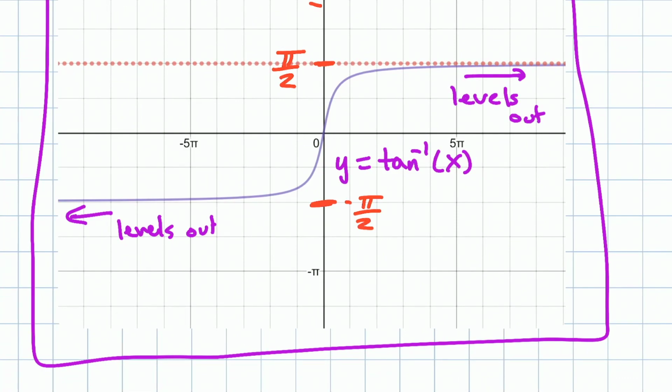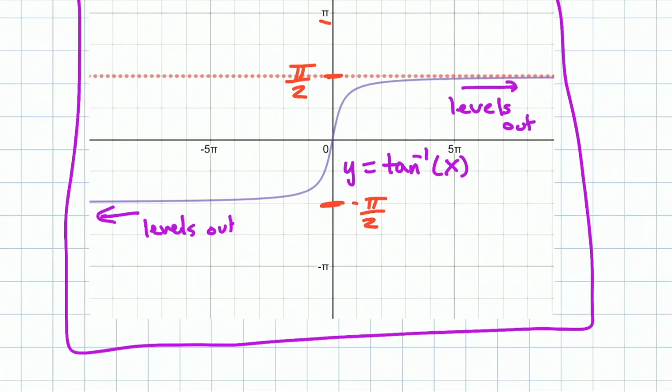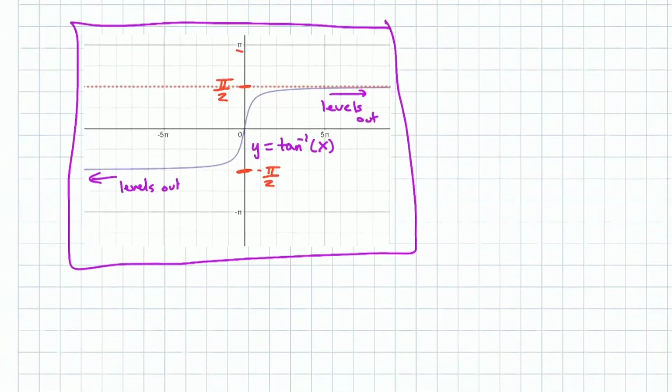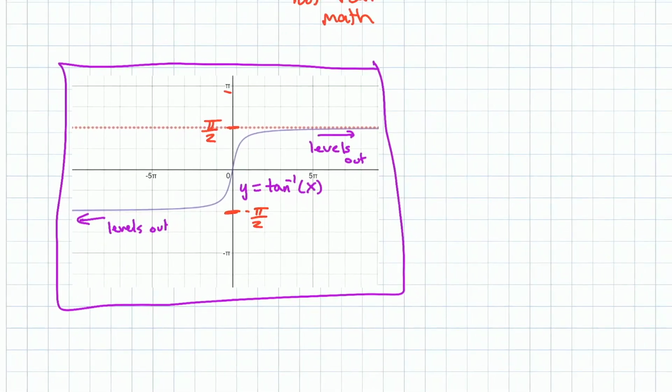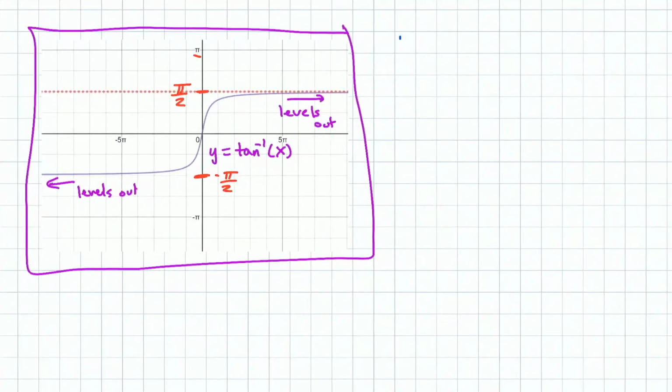And so if you're looking at this graph, trying to decide what it means, you can probably agree that if you do the limit as, let's say, x goes to positive infinity of tangent inverse x, from the graph, you can see it leveling out at pi over 2.